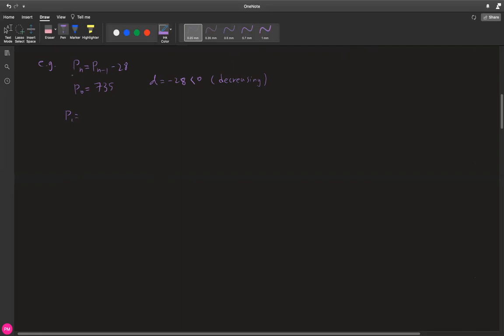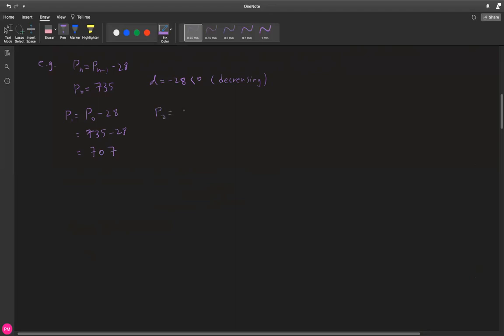So we know the recursive formula as that. Then P sub 1, you can simply find as P sub 0 minus 28. P sub 0 is given as 735, so 735 minus 28 gives you 707.